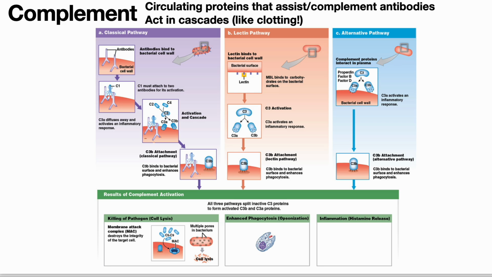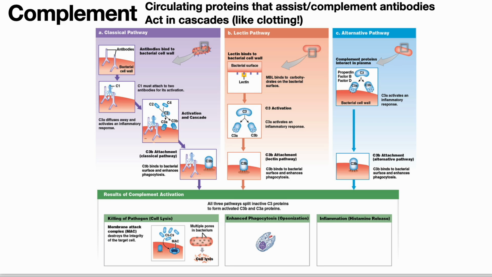Now, another group of proteins is something called complement, which is a very odd name. Sometimes it's called the complement system, if that makes more sense. These are a whole bunch of proteins, and they are going to assist or complement antibodies. Now, antibodies have to do with adaptive immunity.